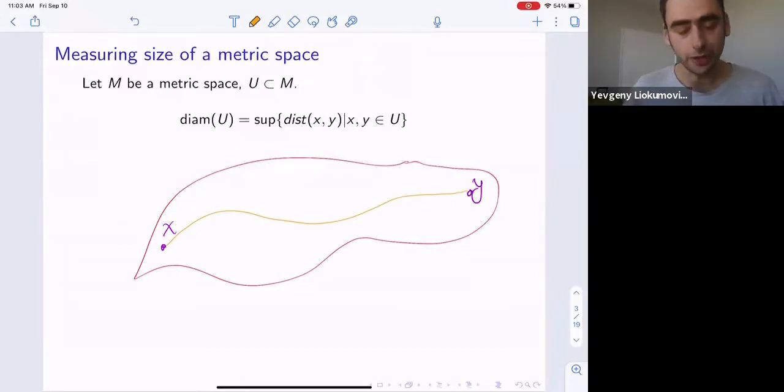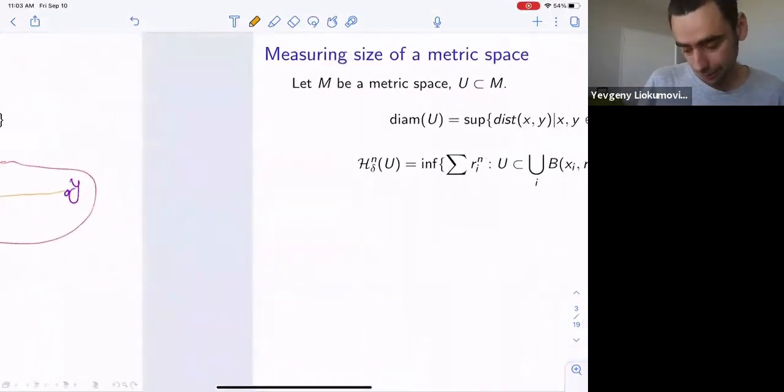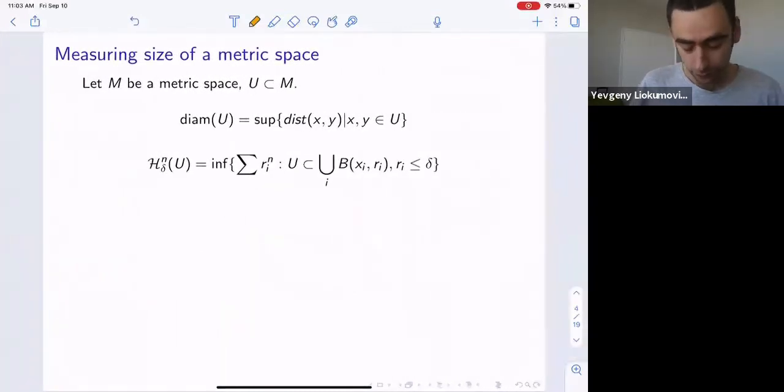But we would like to have some finer ways of measuring, something that would distinguish some large dimensional set from some small dimensional set. And so one of the ways of doing that is to use Hausdorff measure.